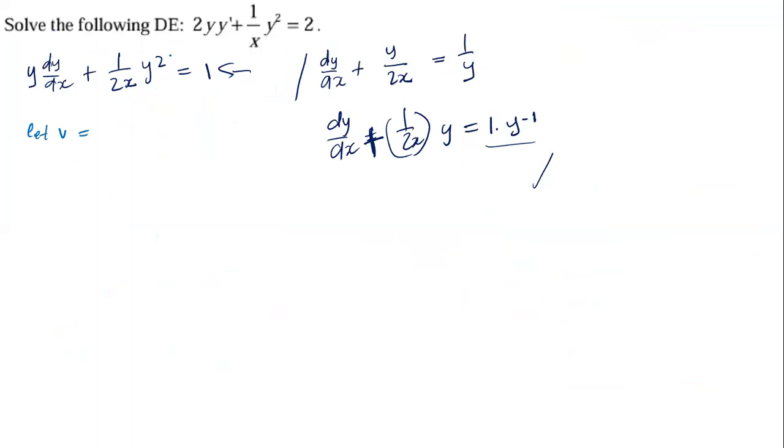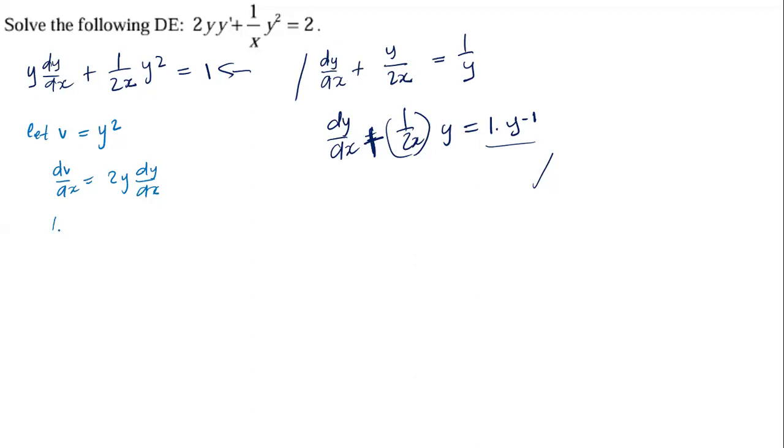Don't forget that. So we're going to let v be equal to y squared, okay? And therefore, everything is fine. We can just differentiate this with respect to x. So we're going to have dv over dx. And on this side, when we differentiate this, we have 2y to the power of 1 dy over dx. And therefore, remember, I'm going to have to make y dy/dx the subject of the formula. I'm going to divide both sides by 2.